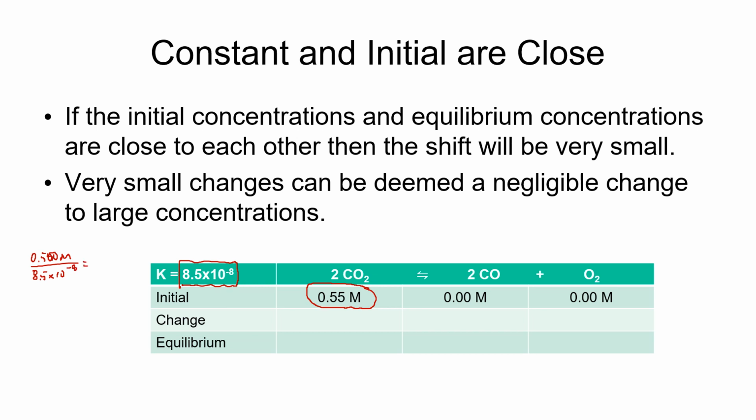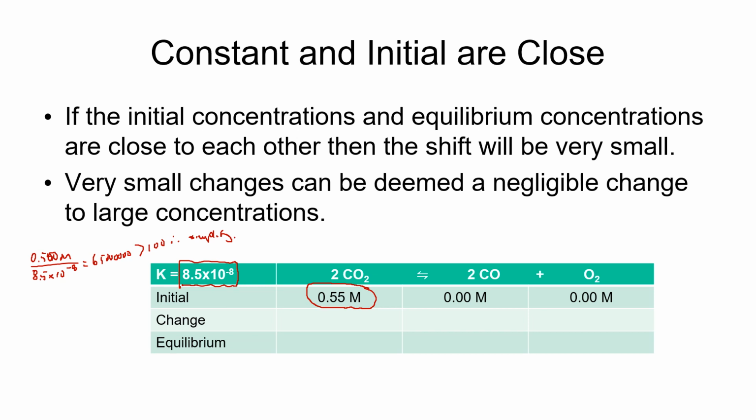So 0.550 divided by 8.5 times 10 to the negative 8 equals about 6.5 million, way over 100. Which is way greater than 100. So therefore, simplify. That's how you can tell that simplification is possible.